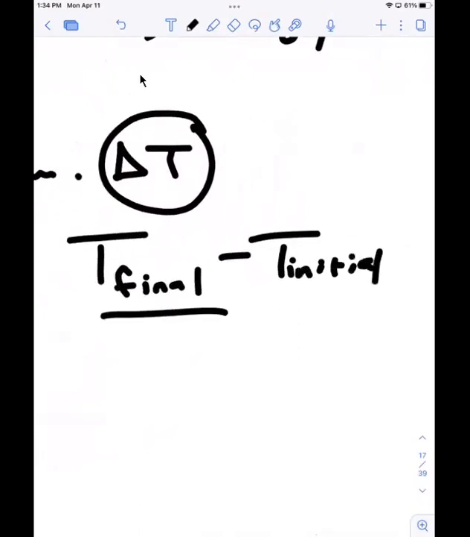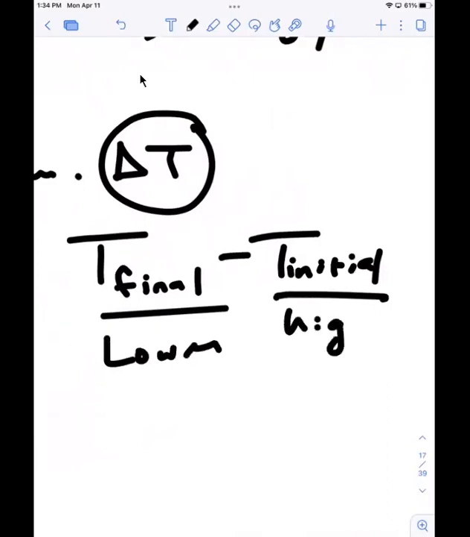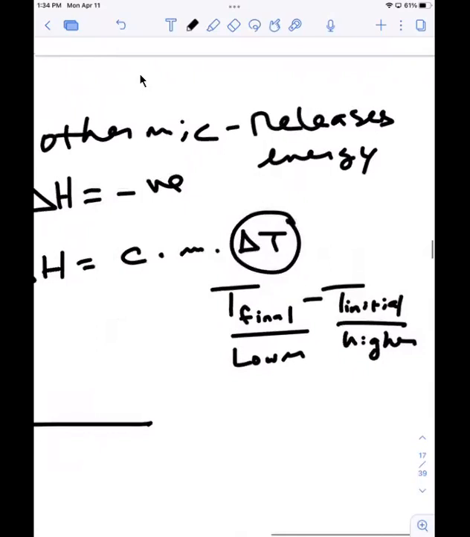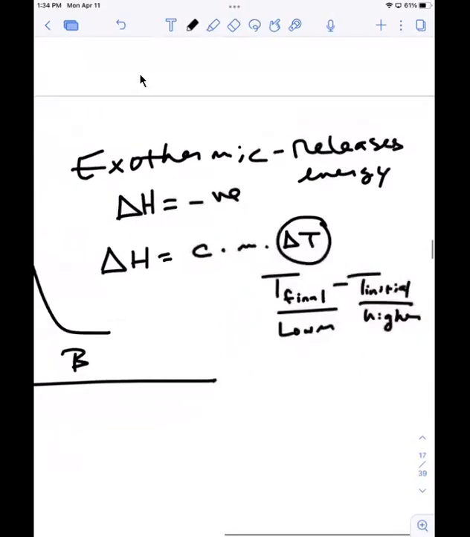So if this number is lower than this number because of heat being released, right, you expect the temperature to go down if heat is released. And so if the final temperature is lower than the initial temperature, that's going to give you a negative number. So delta T is going to be negative.